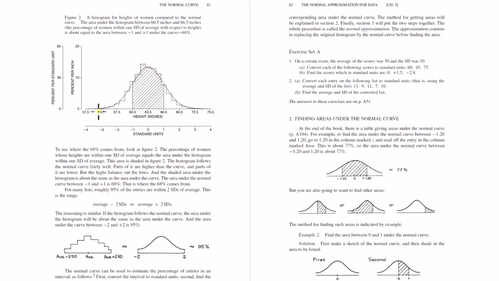I've been mentioning that if we have the actual histogram for what we're trying to analyze, then we don't need to use the normal approximation. Just go to the actual histogram and calculate the exact area. Absolutely.